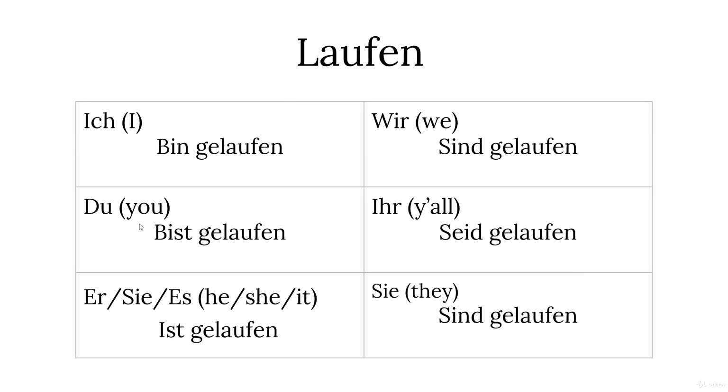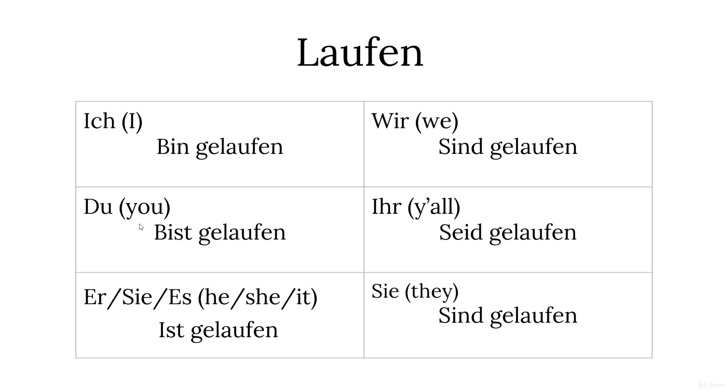Let's see how we can use this verb to run. Laufen. Starting with Ich bin gelaufen. I ran. However, du bist gelaufen. You ran. Es ist gelaufen.